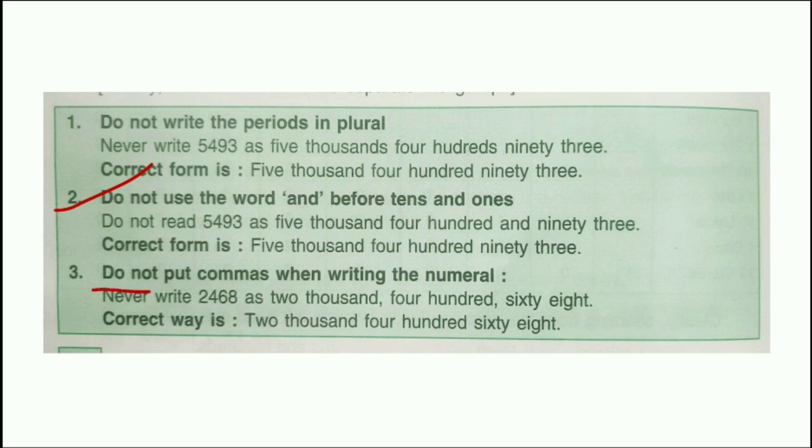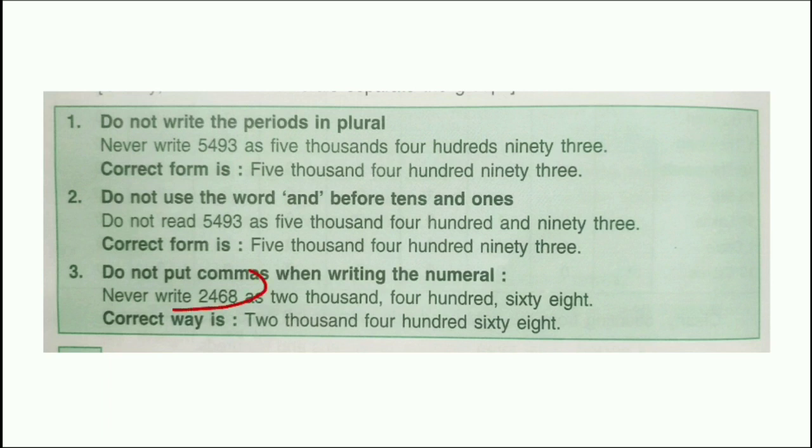Now third rule, do not put commas when writing the numeral in words. If you are going to write in words, then don't put comma. Commas are used when we write the numbers using the symbols, using the digits. Got it? So never put the comma if you are going to write in words.